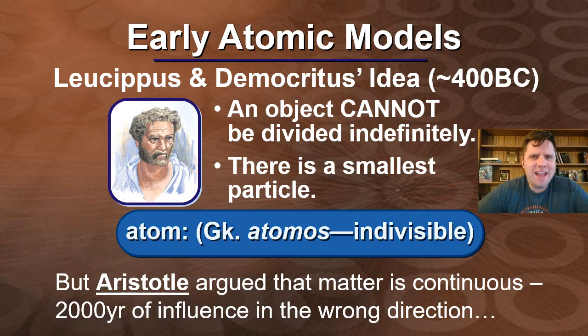Now that idea, though, is rejected by Aristotle, who argued that matter is continuous, and Aristotle's influence is so great that for nearly 2,000 years, his influence regarding the state and nature of matter holds. And so we have this long period of time in which people disagree with Democritus's philosophical idea that all of matter is made up of uncuttable particles, which is a really fascinating part of understanding history.